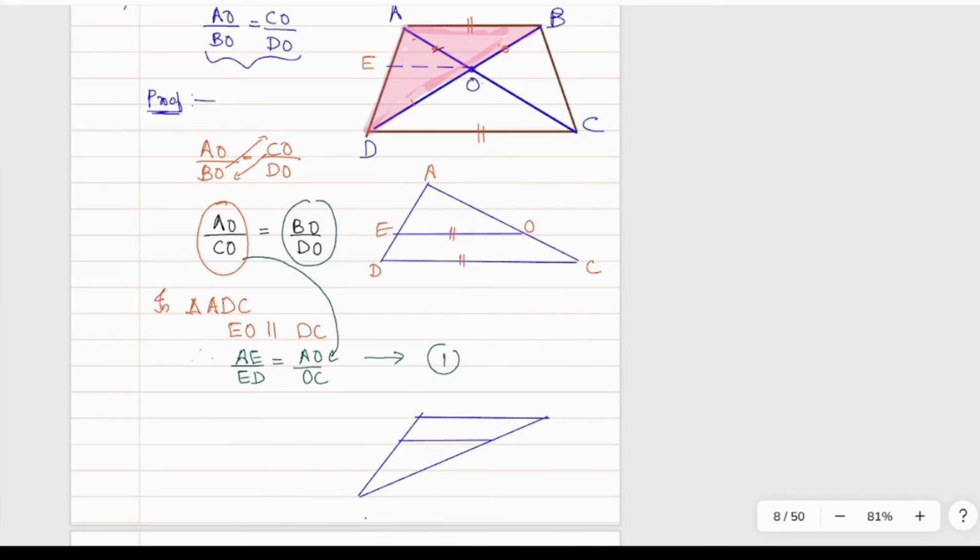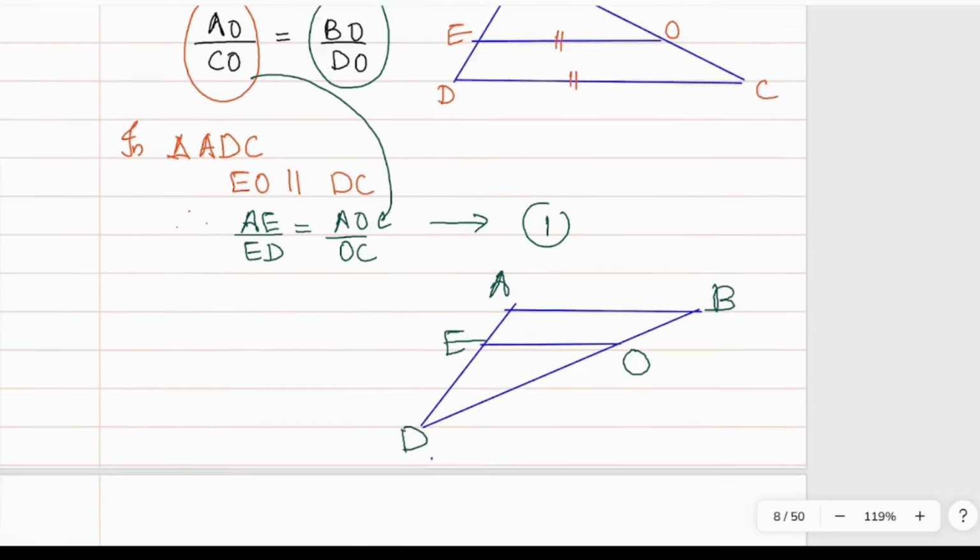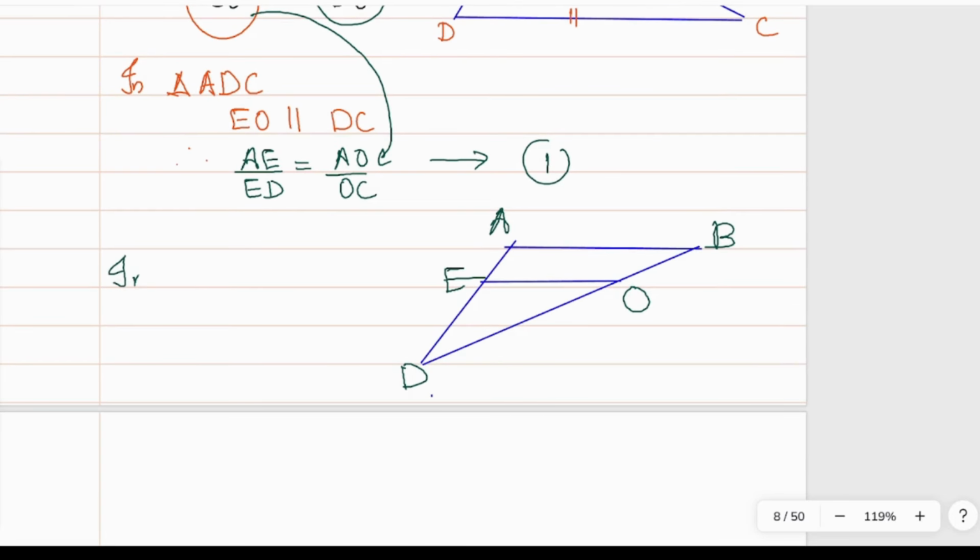Now this is A, this is B, this is E, this is O, and this is D. Clear? Therefore, in triangle ABD, EO is parallel to AB.